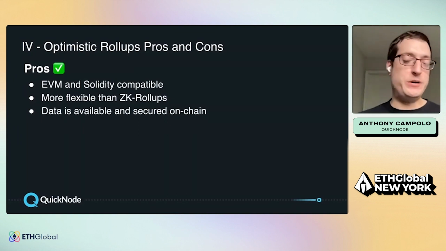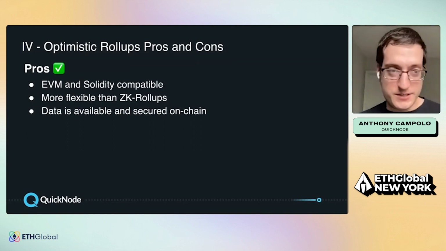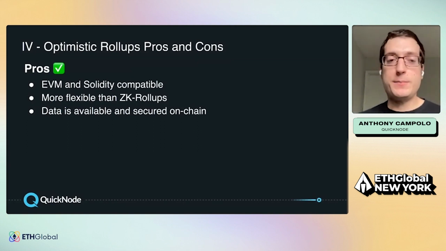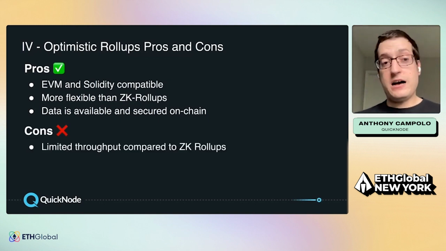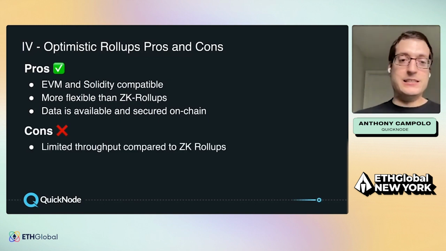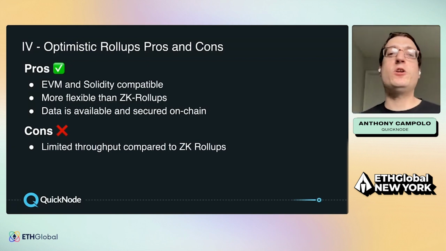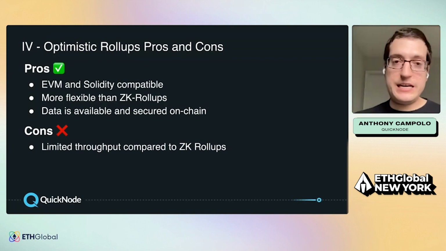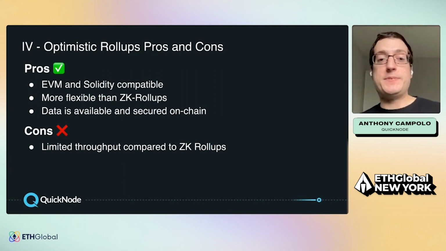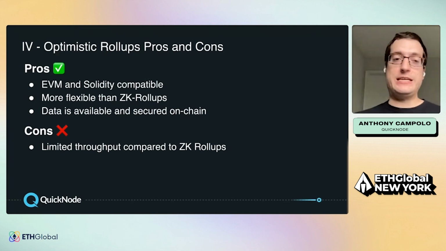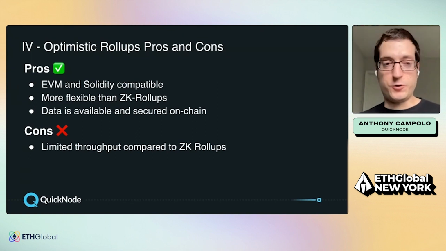There's this term, data availability, which is a really common thing people are talking about today. You've got the data and it is available. Now the cons: you have limited throughput compared to ZK rollups. This is because of how many transactions you can fit onto a ZK rollup versus an optimistic rollup. It can't fit as many transactions, but it's able to make those transactions in a faster way.